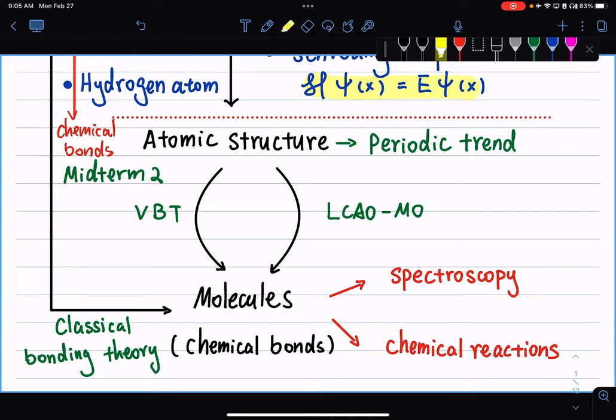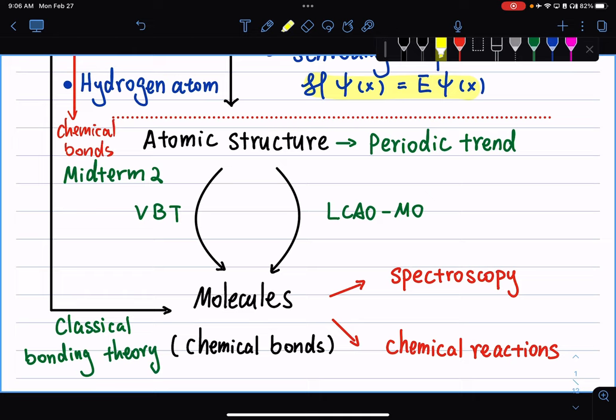The difference here is that in bonding theory, now you have multiple nuclei. So the molecular orbital is the equivalent of the atomic orbital we talk about for a specific atom. Both molecular orbitals and atomic orbitals are Schrödinger wave functions that give you information about electron density, where your electrons are.